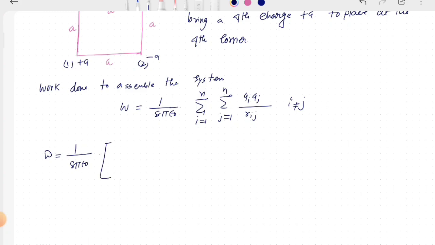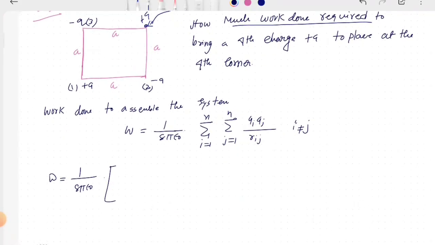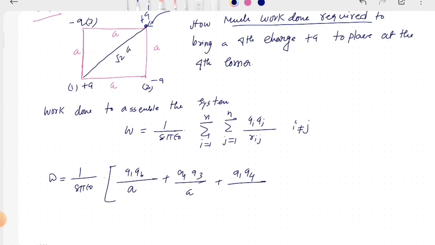First of all, we take the combinations of 1 with the others. So Q1 Q2 upon A plus Q1 Q3 upon A plus Q1 Q4 upon the distance, which is root 2A.